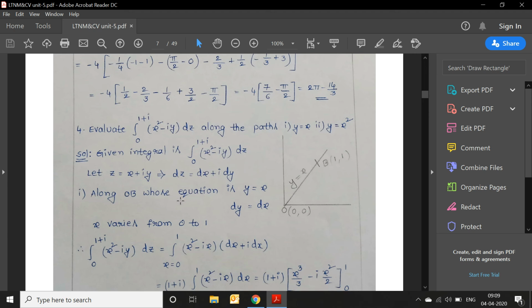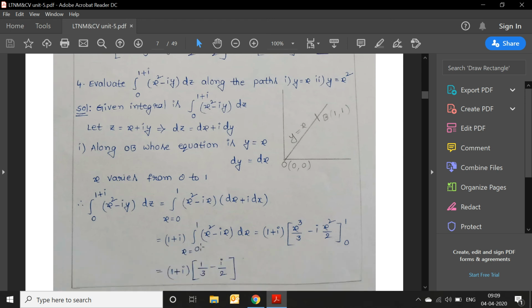Along OB, whose equation is y is equal to x, dy is equal to dx. X varies from 0 to 1. So the total equation changes into x, with limits 0 to 1, x square minus i y where y is equal to x, and dz is equal to dx plus i dy, so dx plus i dx.